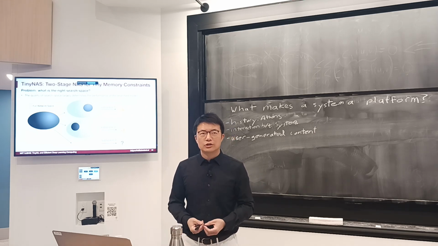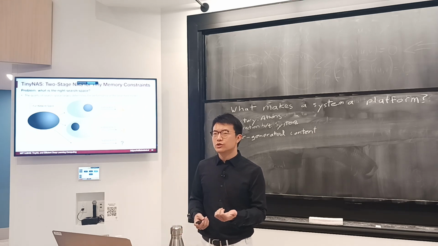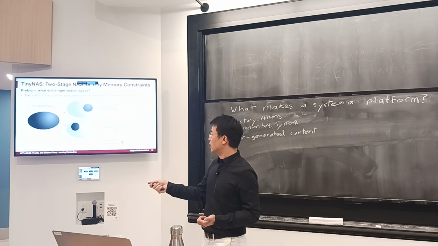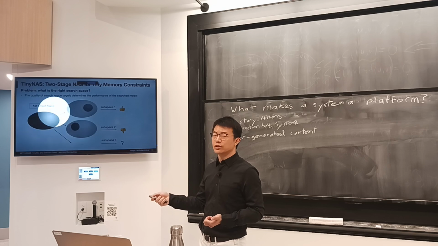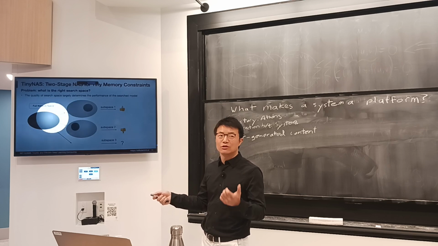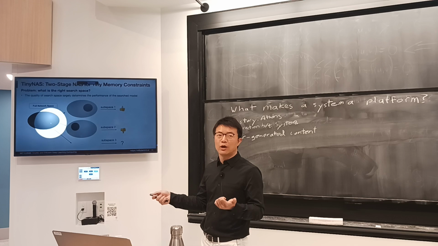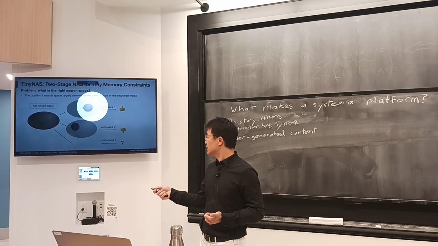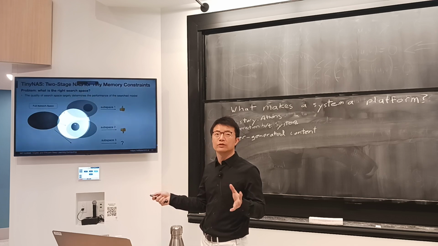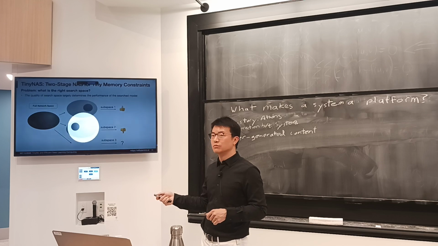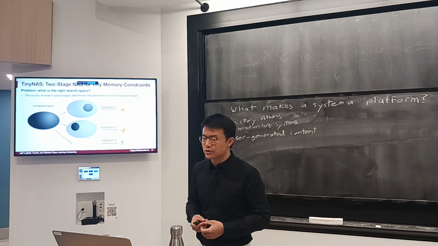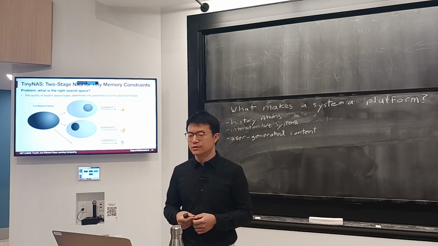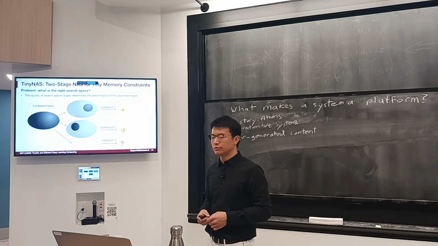When we are doing the search, we talked about needing a good search space. Finding your friend in the forest is pretty hard because the area is large, so we want to first narrow down the possible areas, for example here or here, before we do the exploration. The quality of the search space largely determines the performance of the searched model.